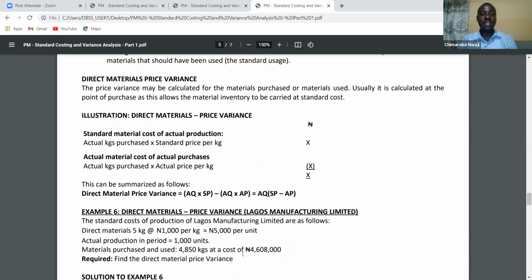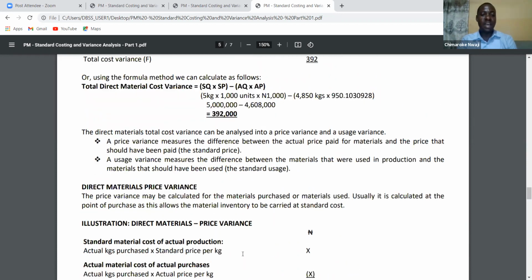So if you look at it again, this 392 we have as our total variance of material. We attribute 242 to price variance, and we attribute 150 to usage variance.